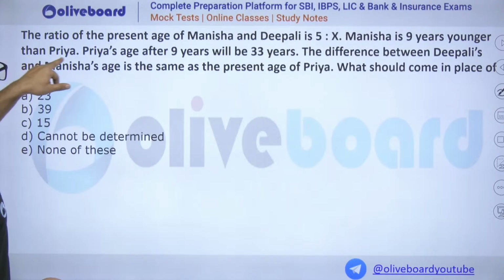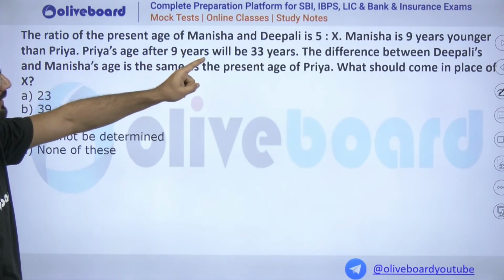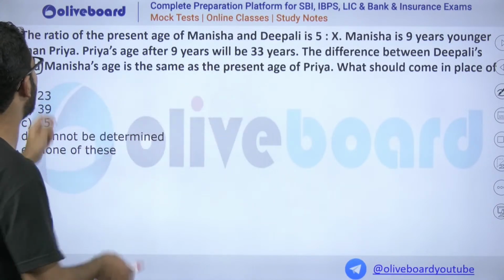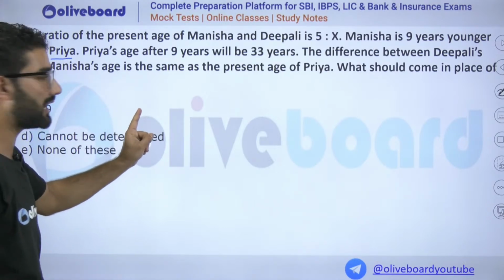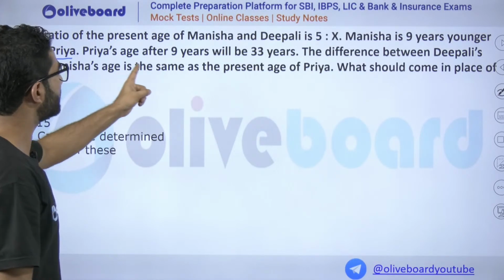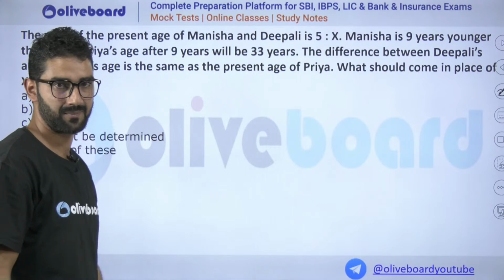The ratio of present age of Manisha to Dipali is given as 5 is to X. Manisha is 9 years younger than Priya. If you got the age of Priya, definitely Manisha will be 9 years younger than that. Priya's age after 9 years will be 33.